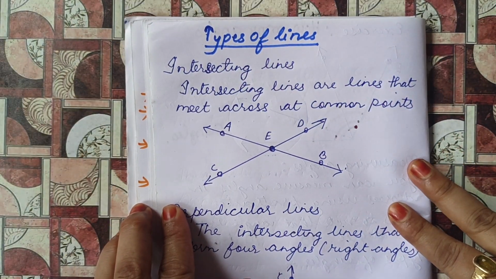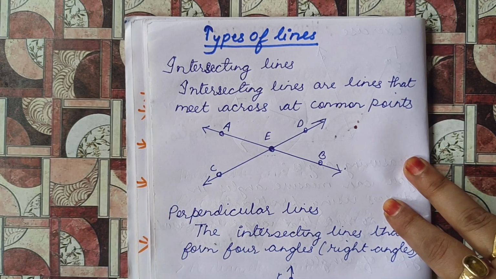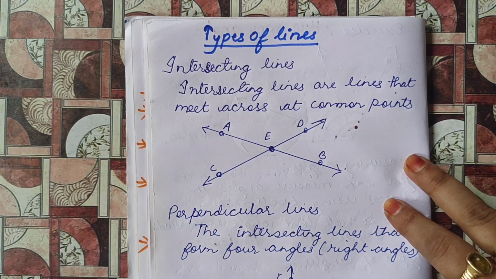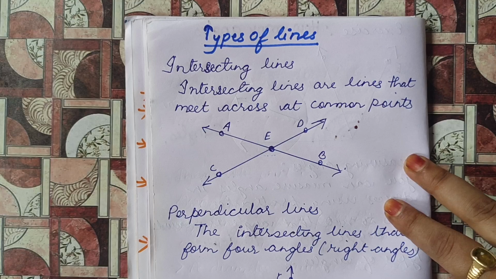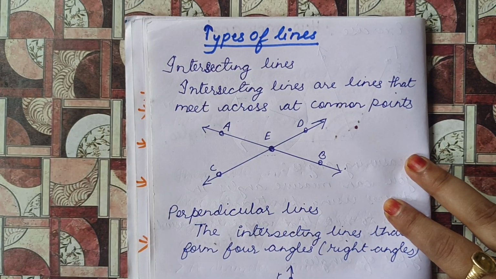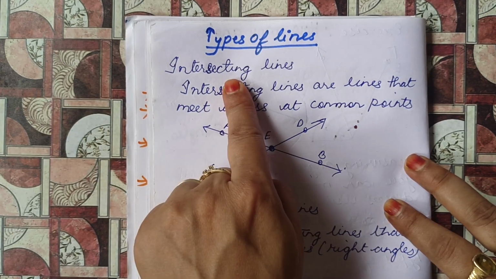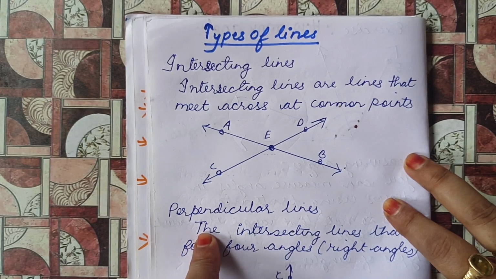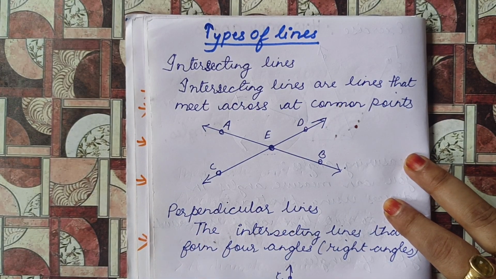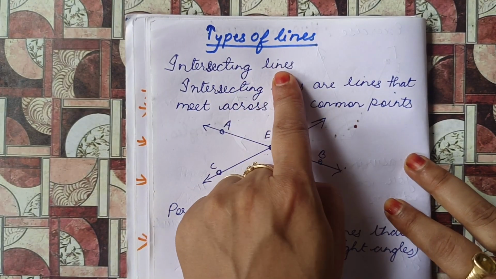Types of lines. Now the next part is types of lines. There are 3 types of lines, namely intersecting lines, perpendicular lines and parallel lines. Now let us understand what intersecting lines are.